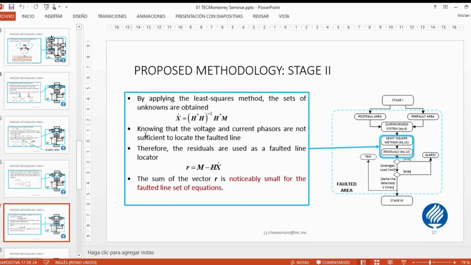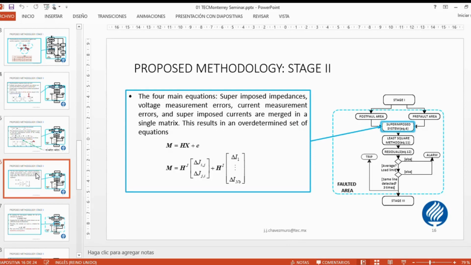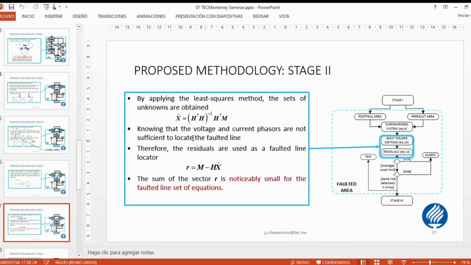It's not necessary. Okay, so I obtain all the parameters in the matrix. Most of them are about the currents flowing through the lines, the real currents flowing through the lines. But this is not the solution that we want.